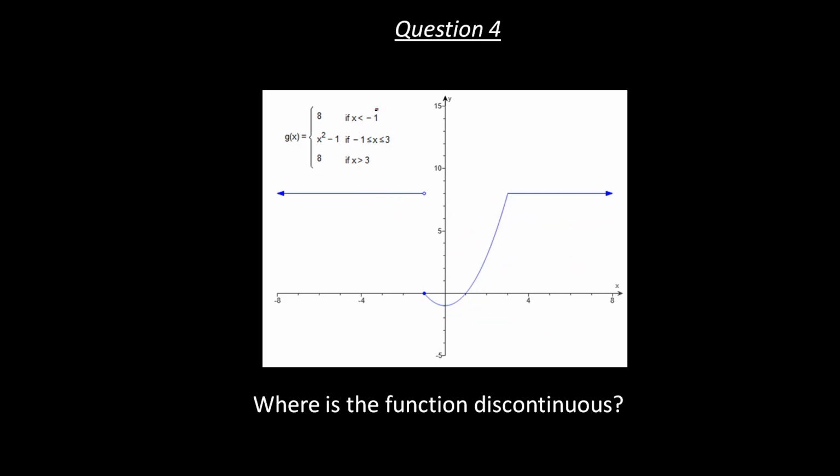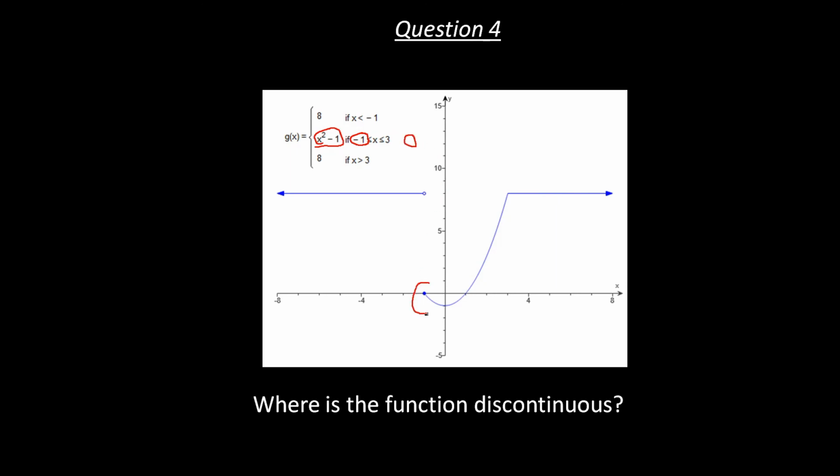And we can check that by comparing these conditions. So as x gets closer and closer to -1, it's outputting 8. And you can see that right here. But in the second piece, as x gets closer and closer to -1, well, if we plug -1 in here, we get 0.